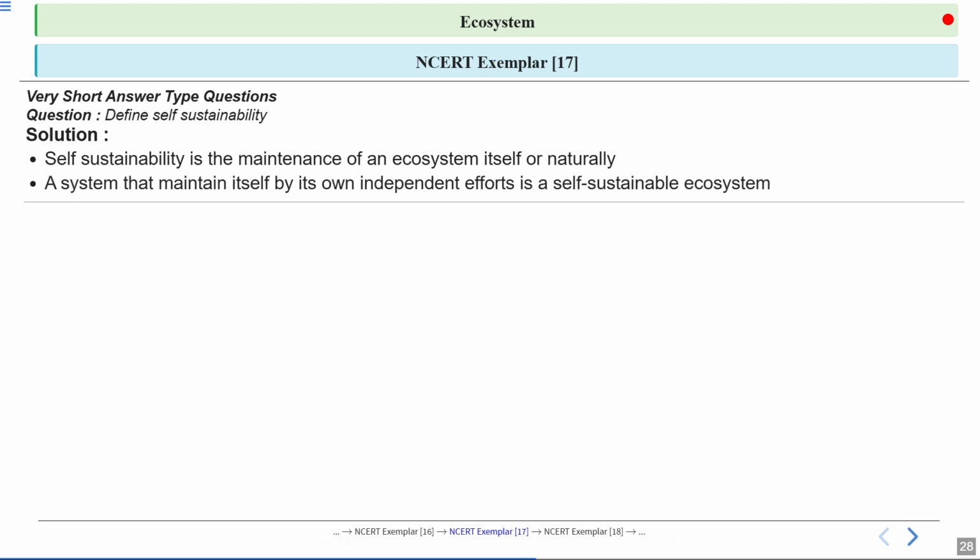A self-sustainable ecosystem is one that can maintain itself through its own independent efforts. This means that the interactions between organisms and the environment are balanced and efficient. For example, in a forest, trees provide oxygen and habitat, while animals contribute to nutrient cycling, creating a self-sustainable loop. This balance is crucial for the long-term health of the ecosystem.